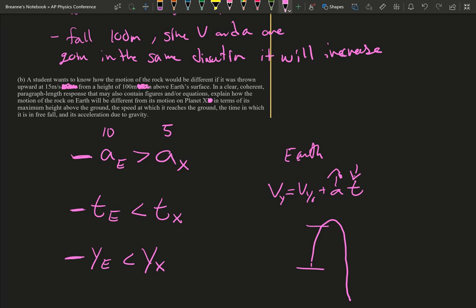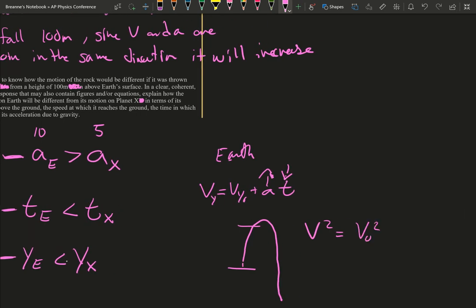So if you're looking at max height, we can look at our V final squared equals V initial squared plus 2a delta y, just combining the two. So your final is going to be 0 because we're just going from there to there. It's 15. And then for planet Earth a is 10.